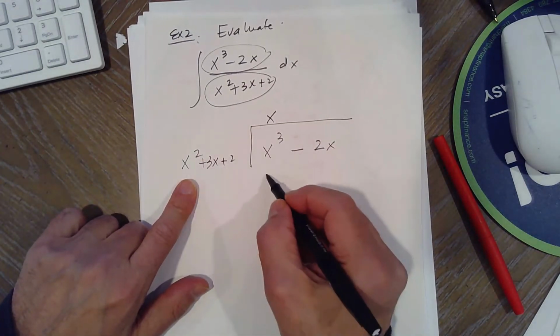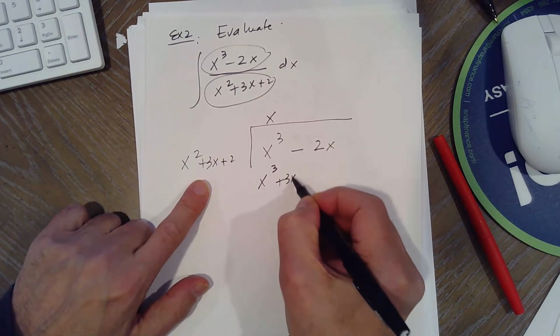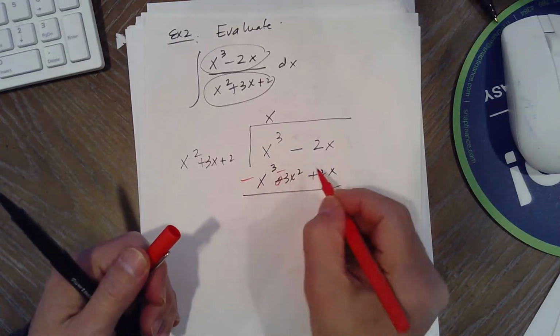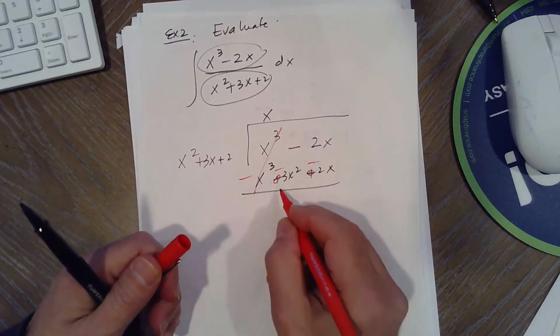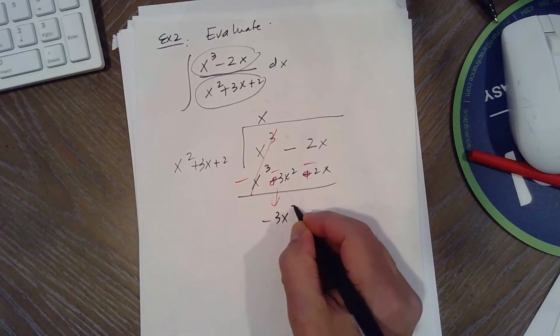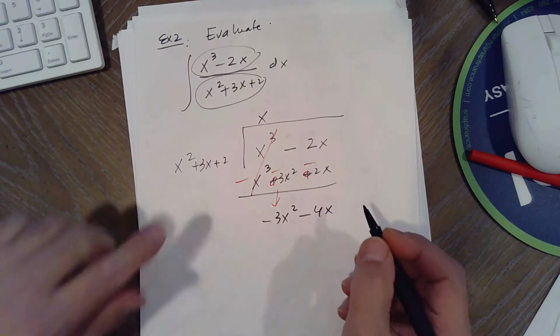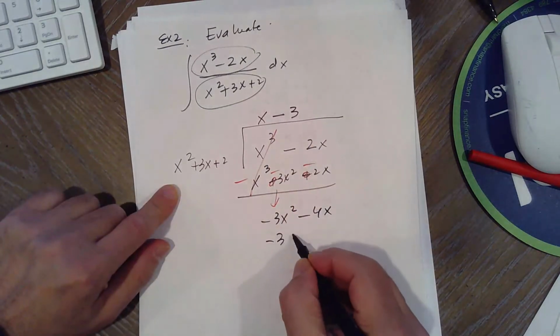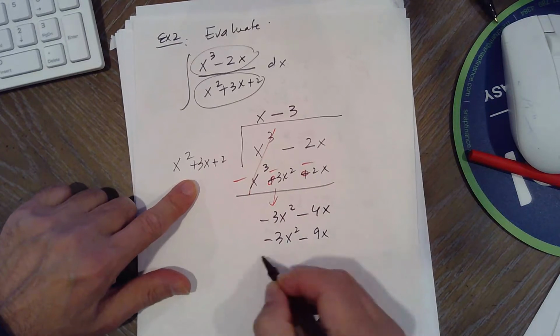If you multiply it out, we get x cubed plus 3x squared plus 2x. Switch the signs. That cancels out. This guy has to come down. Minus 3x squared minus 4x. Now divide x squared into negative 3x squared. It's negative 3. So negative 3x squared minus 9x.